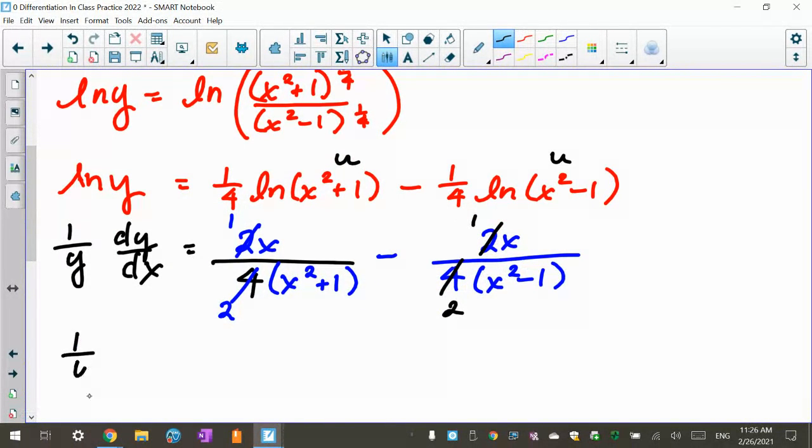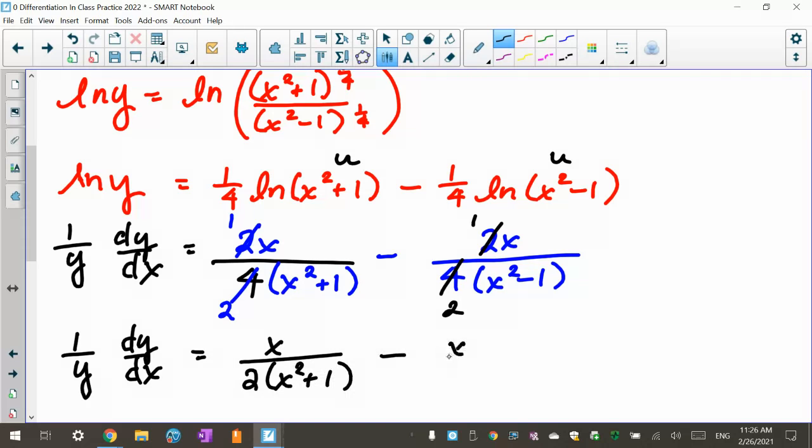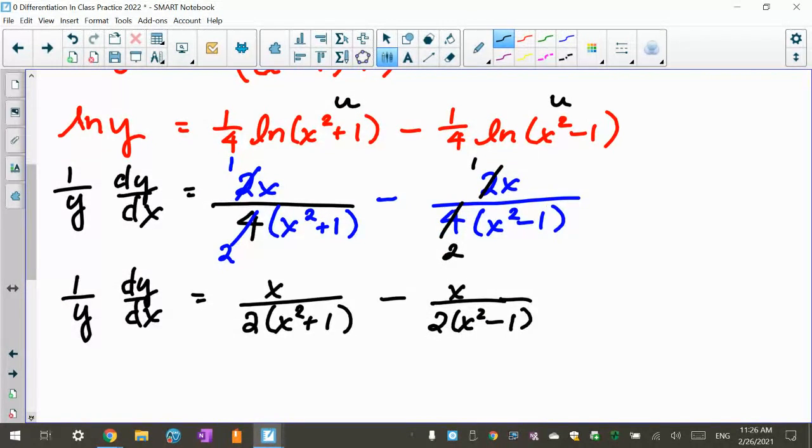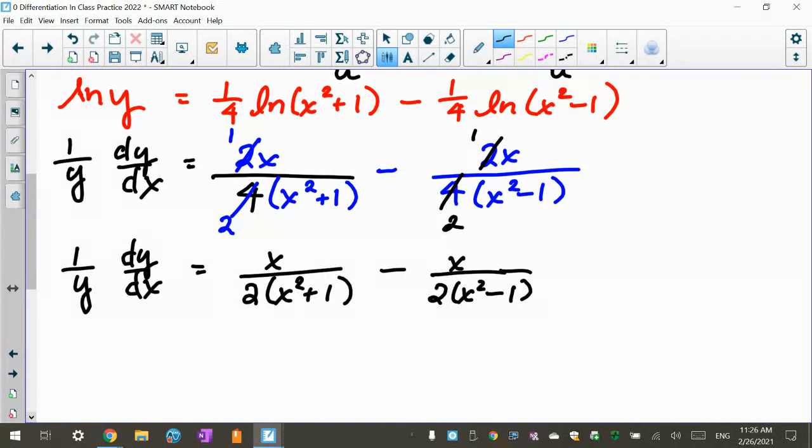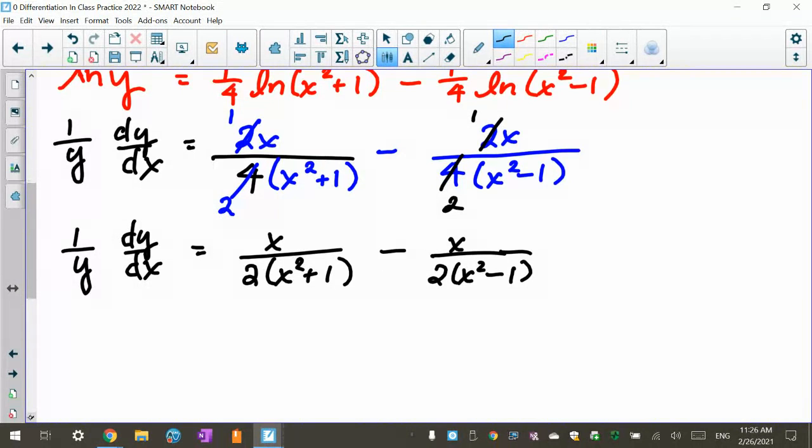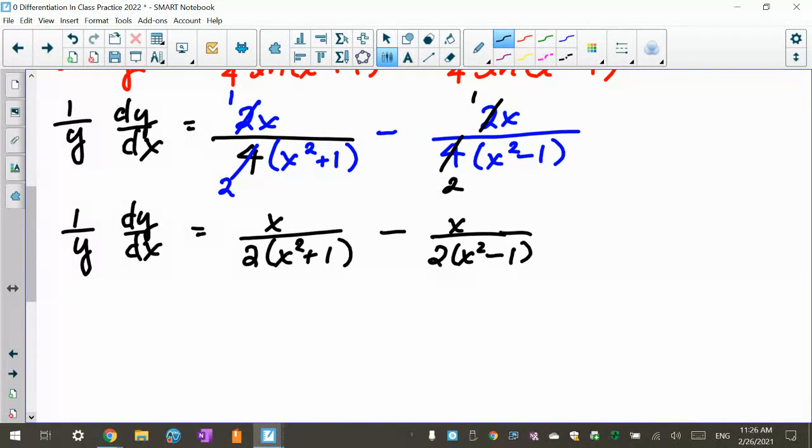I have 1 over y dy dx equals x over 2 times x squared plus 1 minus x over 2 times x squared minus 1. So here's where I'm going to show you how the textbook did it, just because you have the answers for the textbook, but you kind of have a choice here. I actually did it a different way, but they came out the same.